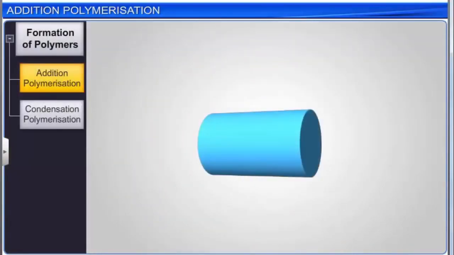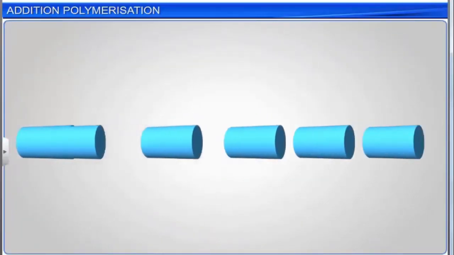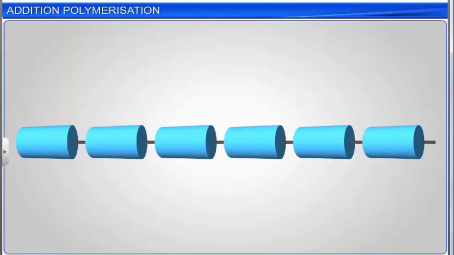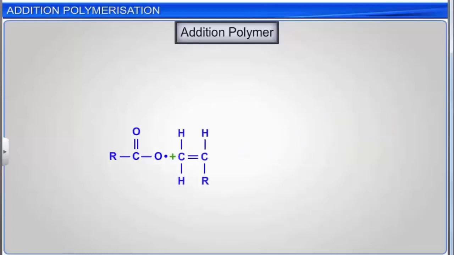In addition polymerization, the molecules of a monomer, such as an alkene or an alkadiene, add together to form a polymer. The polymer so formed is called an addition polymer. This type of polymerization involves a series of reactions, each of which utilizes a reactive particle, such as a free radical, and produces another similar reactive particle.